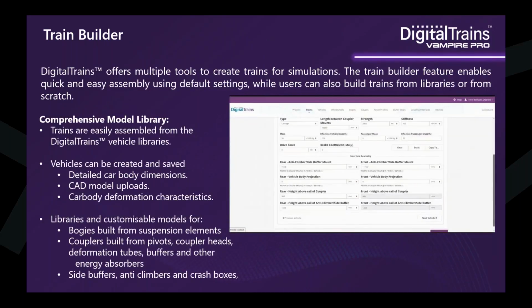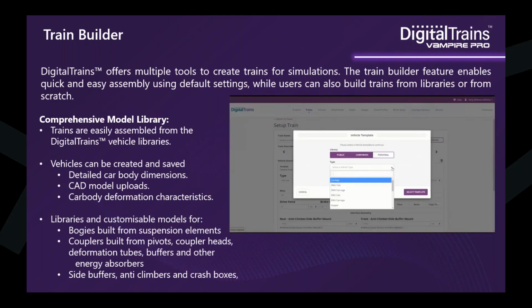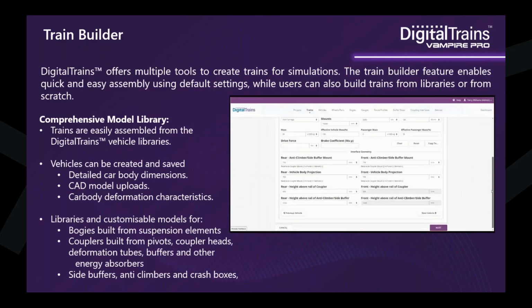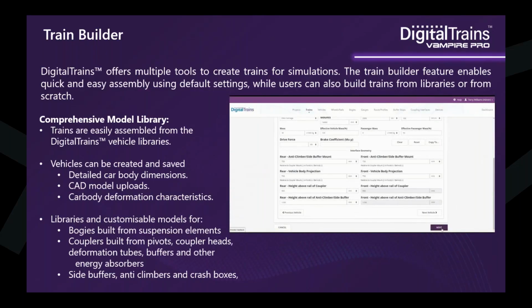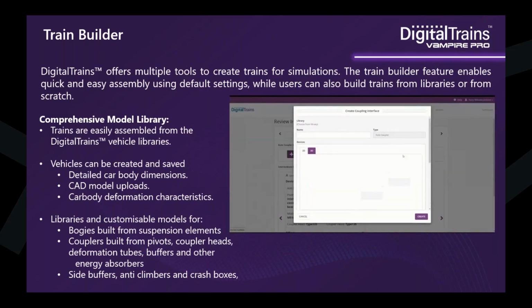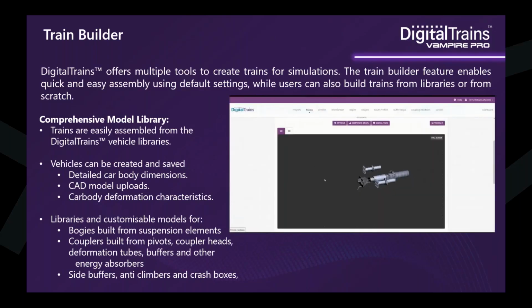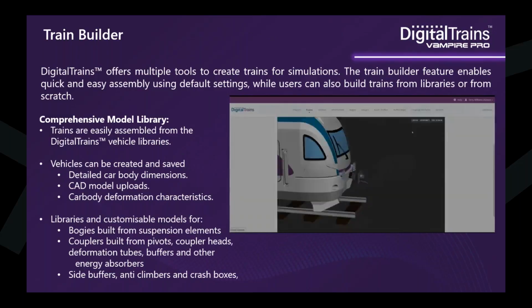So in addition to route, any rail project also needs a train. And DigitalTrains Train Builder module, this allows users to easily assemble a complete train, utilizing the many standard trains built into the public library, which can then be configured to create an actual digital twin. So each vehicle, which again is configured separately, we'll show on the next slide. Each vehicle within the train rake is created separately with dimensional inputs to match the real cars.